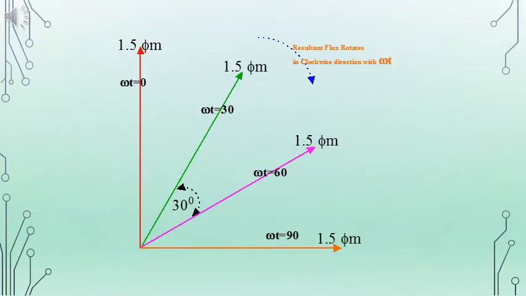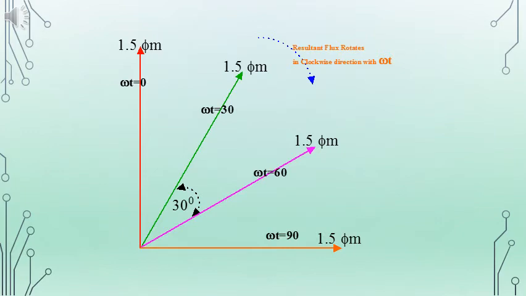So now we will consider a diagram or phasor where we consider omega t equal to 0 to omega t equal to 90. The resultant at each instant has the same magnitude, that is 1.5 times phi m, but it is rotating from a particular position at omega t equal to 0 in clockwise direction, and we can see the angle of rotation is the same as that of the instants that we have considered.